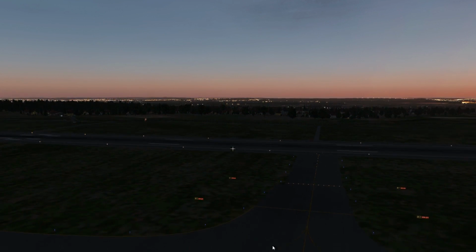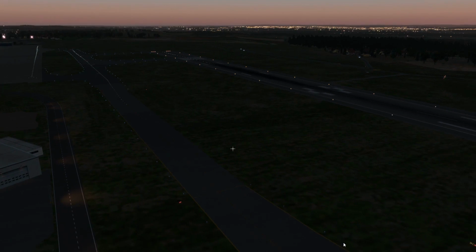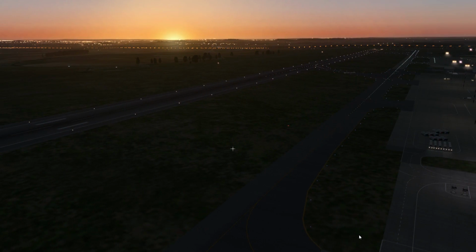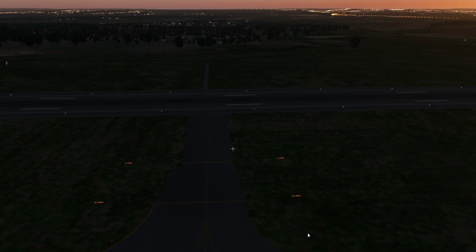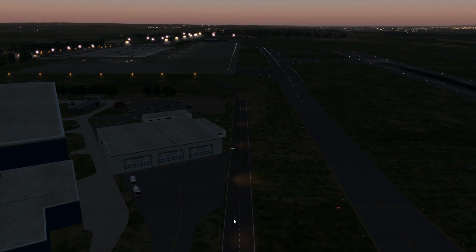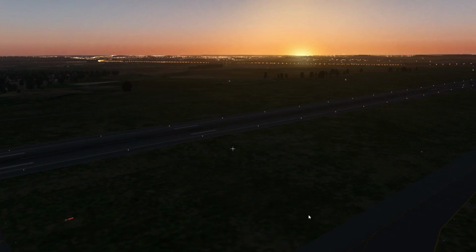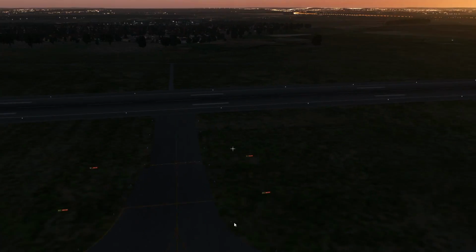So if we just go up for now and have a look around, you can see the lighting systems at the airport. We're at Echo Golf November X-Ray as usual, but we are going to be moving around today. So we're going to start here and then we're going to go to Echo Golf Lima Lima. Then from here we might go to Coventry Airport. I can't remember the identifier for Coventry.